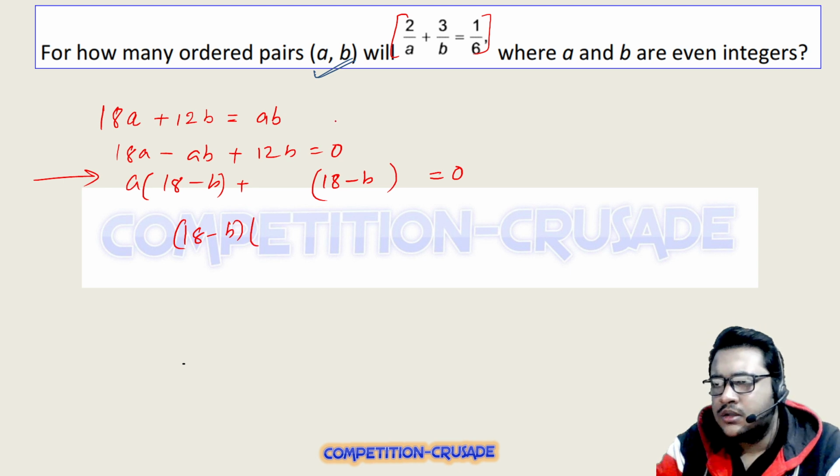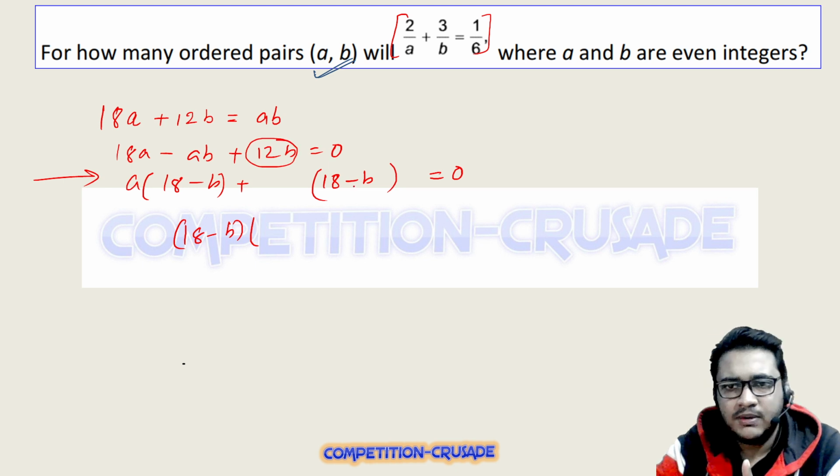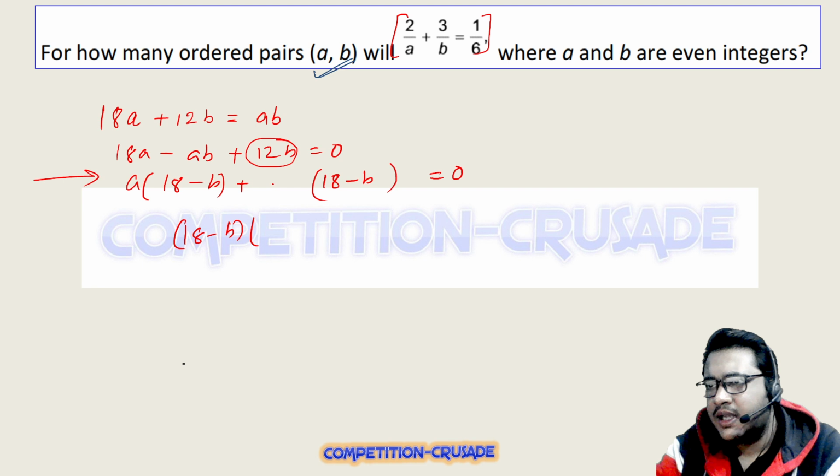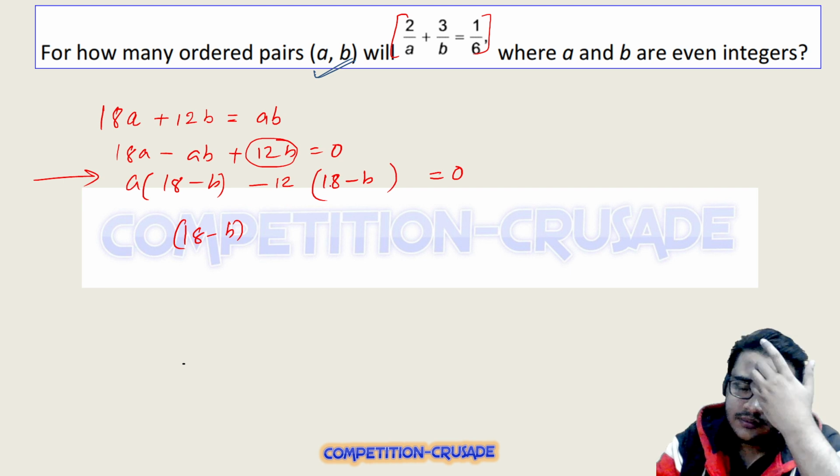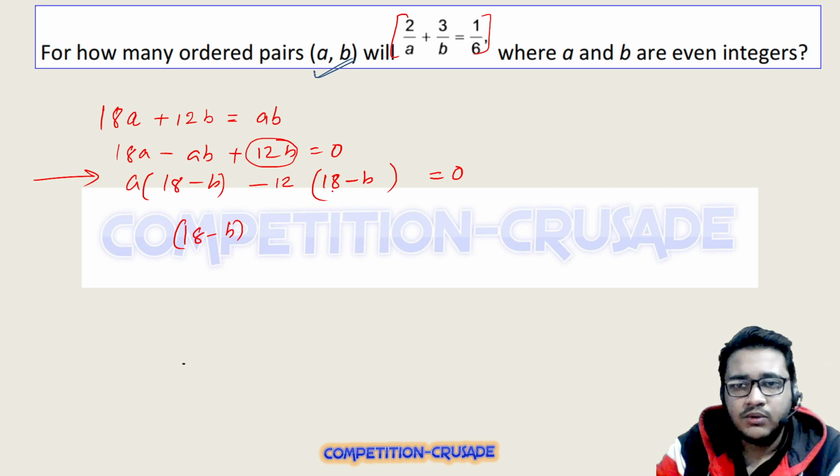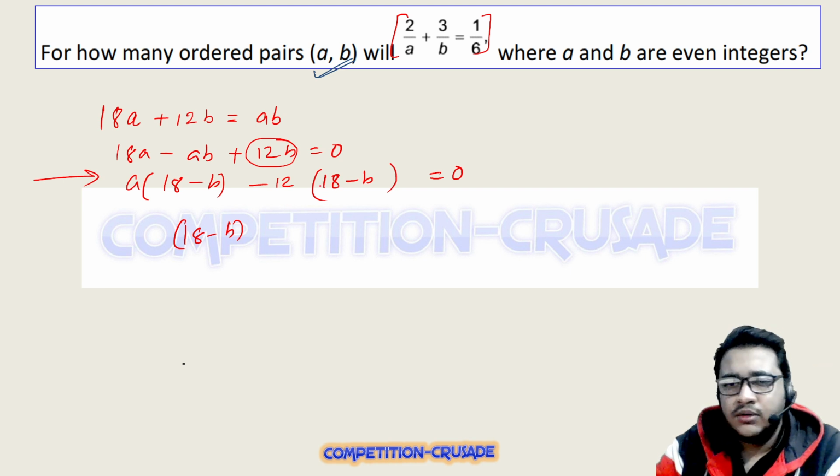So the idea will come, of course, from this number. This number is 12B, but I already have a minus B inside the bracket, so I need to substitute a negative 12. I hope that makes sense. When I multiply this negative 12, you also have to understand one more thing: I am unknowingly introducing a multiple of 18 and 12.